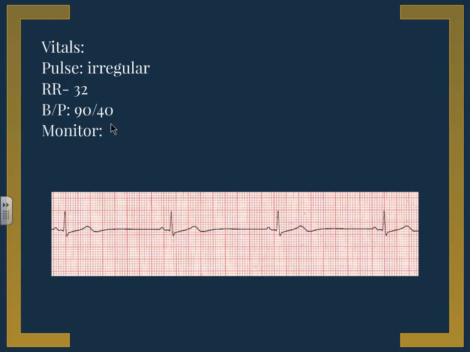What's our rhythm? Yep. We see a P wave? All right, what's your interpretation of the P wave? Upright, rounded, regular. Your PRI, I see about what? 0.16. And your QRS is what, about 0.12?